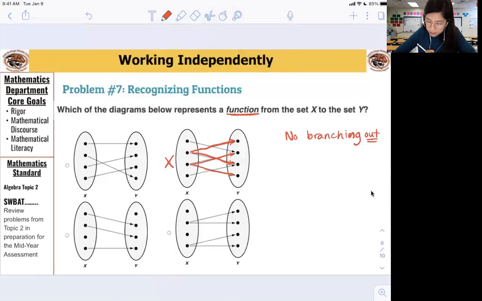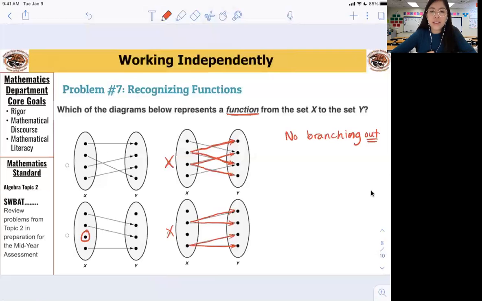In answer choice D, we have some branching out over here and some branching out over there. Remember? So that's also not a function. Now, answer choice C is a little weird. There's no branching out, but there is something a little bit sketchy, which is that this value doesn't go anywhere.